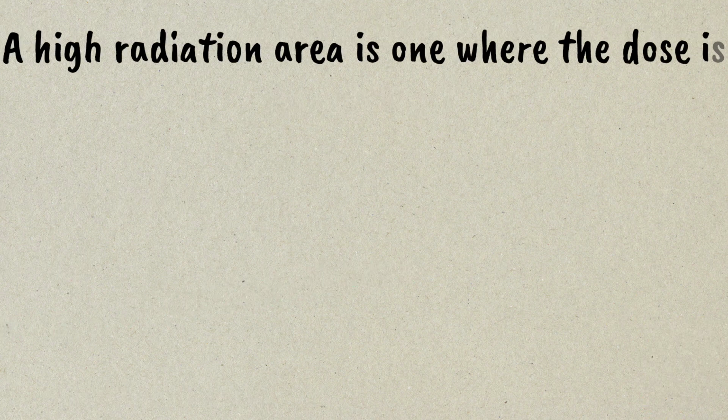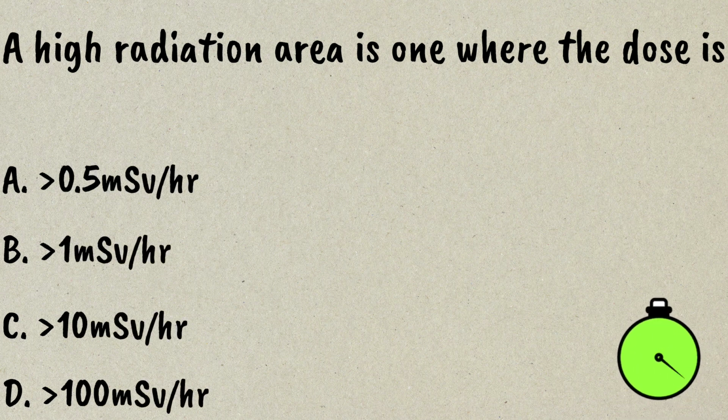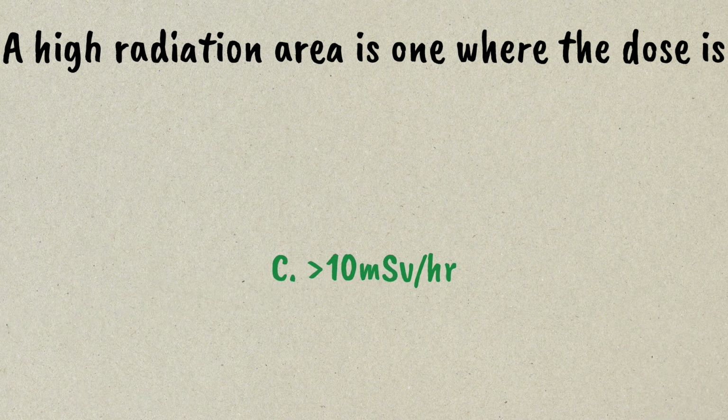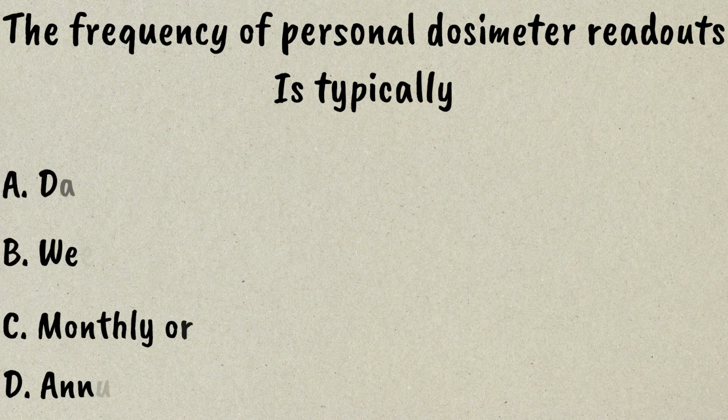A high radiation area is one where the dose is. The frequency of personal dosimeter readouts is typically.